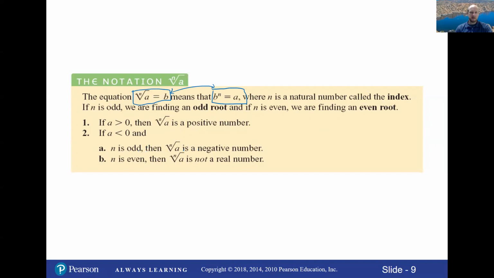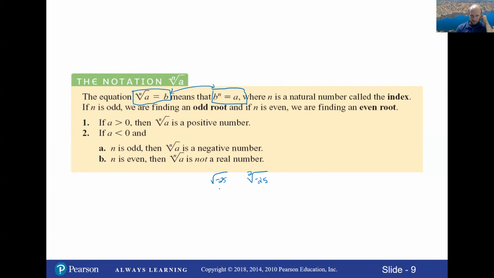We can get a real number if a is negative and the power is odd. But if n is even, then this is not a real number, as we just saw with square root of negative 25. And I said at the beginning that we assume that if it's a square root like that, that root is an even number.